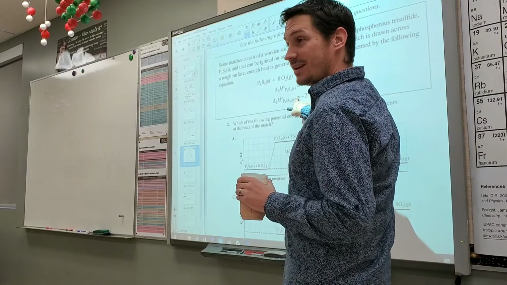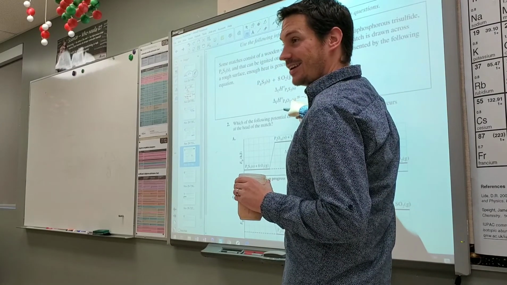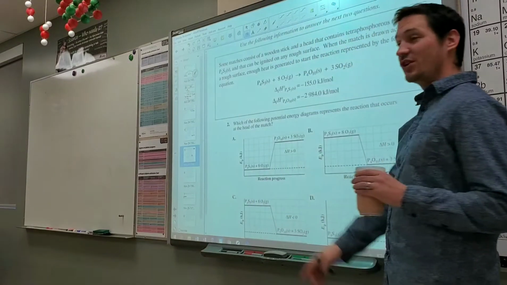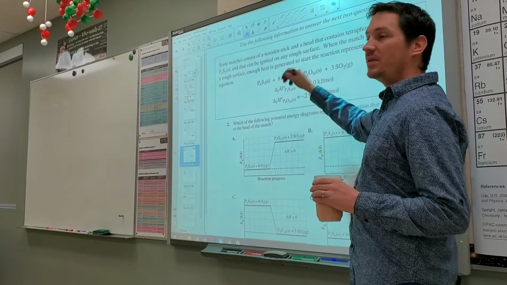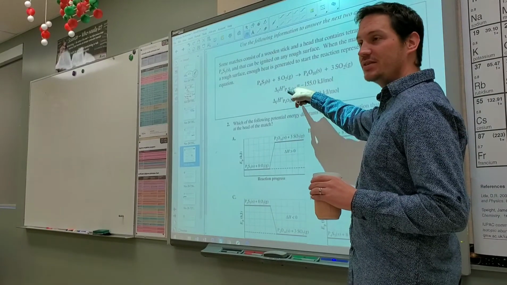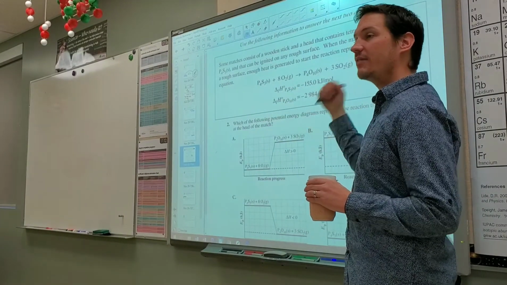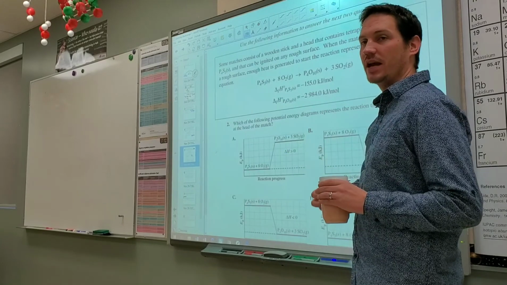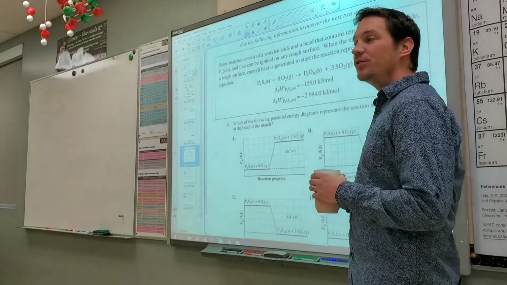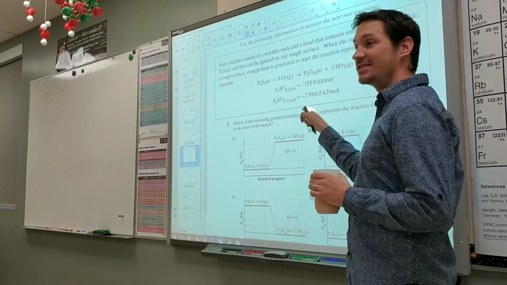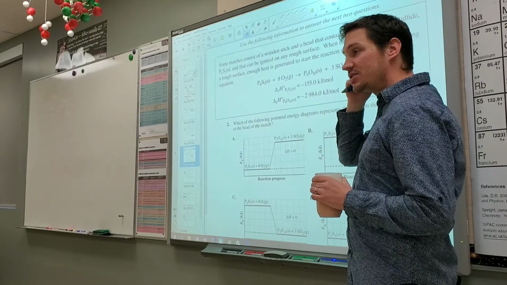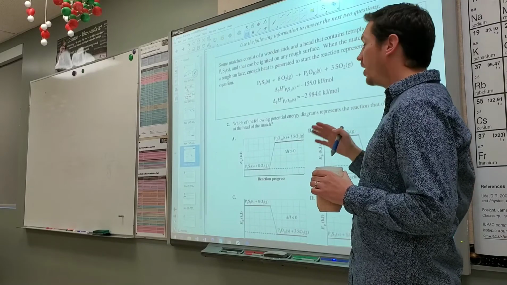Okay, so I totally agree. I see two different enthalpies here, but do we know what reactions they belong to? Because every enthalpy belongs to a specific reaction. You totally do know what reactions these belong to, right? So you could make them, but I don't want you to.